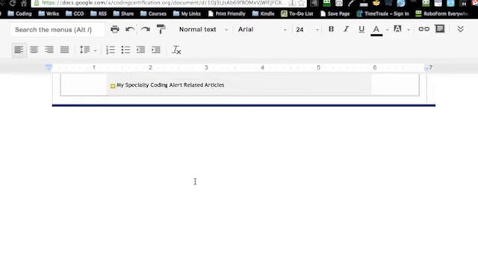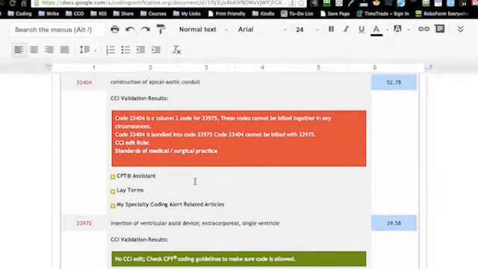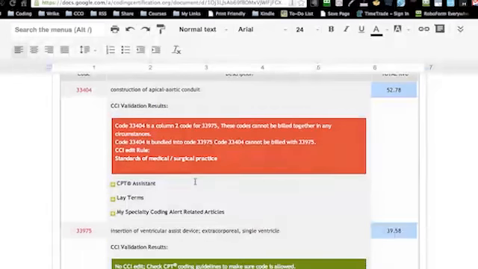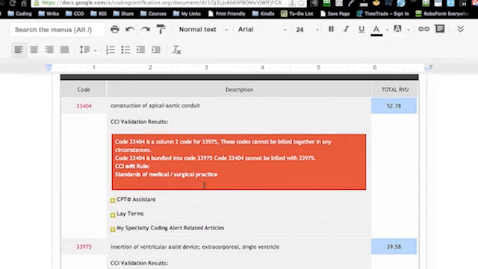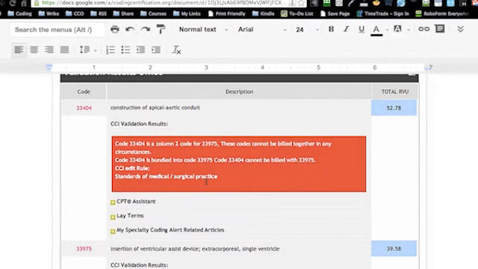Oftentimes we can tell if something's bundled. Like we know a laparotomy is bundled into any internal abdominal surgery, like removing of ovaries, an oophorectomy. You got to get to the ovary to remove it. So if it's an open surgery to remove that ovary, the laparotomy is bundled into it. So you will see in the CCI edits one code for an oophorectomy, and one of the baby codes is a laparotomy.